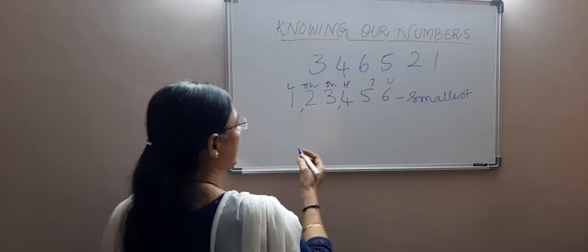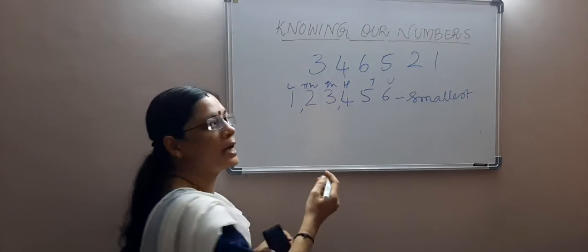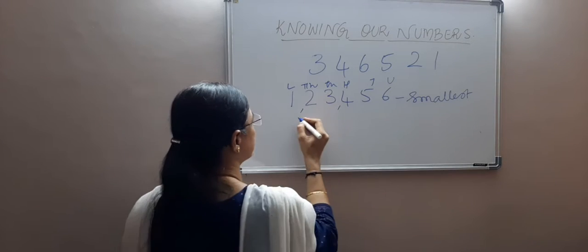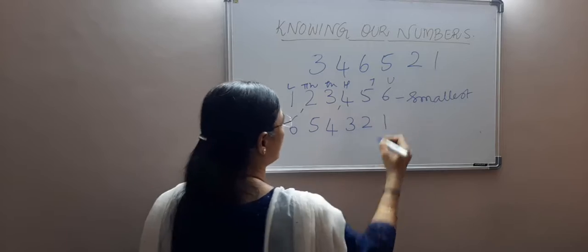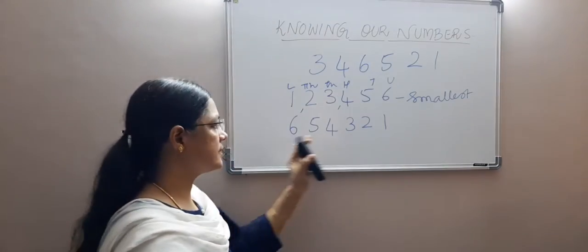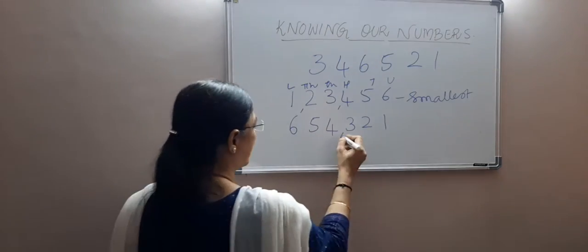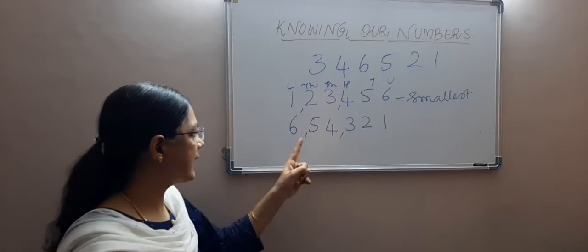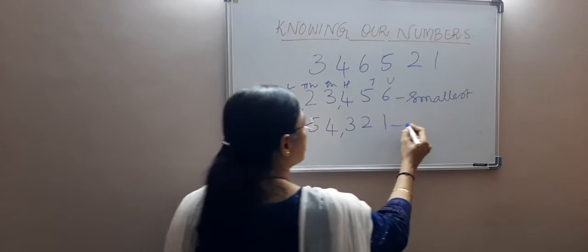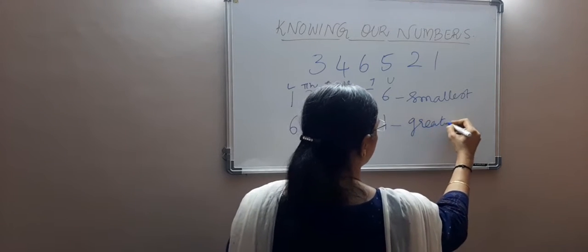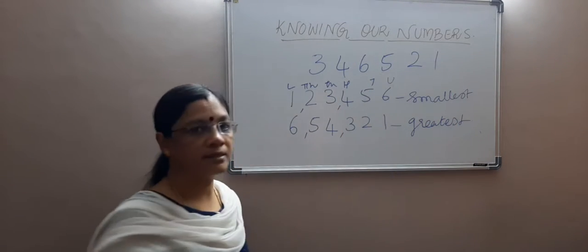Now the greatest number has to start with the greatest digit, isn't it? So 6, 5, 4, 3, 2, 1. This is my largest number and I name it as 6,54,321. So this is my greatest number which can be formed out of these 6 digits.